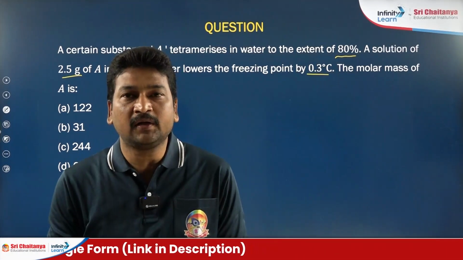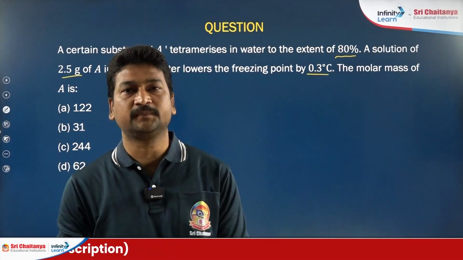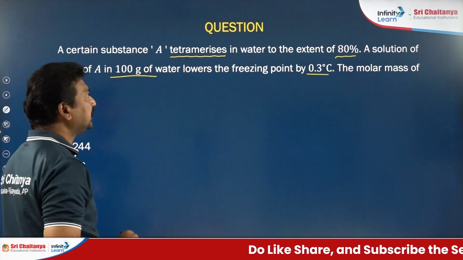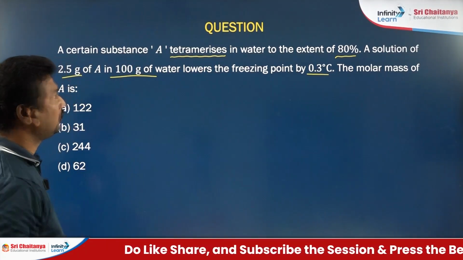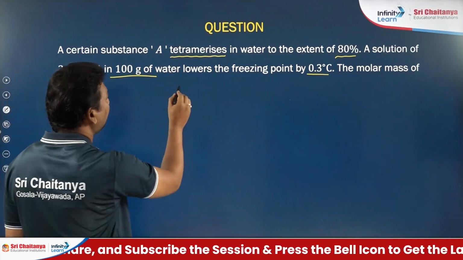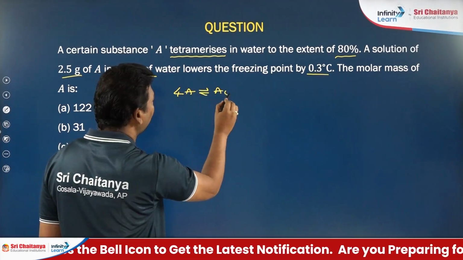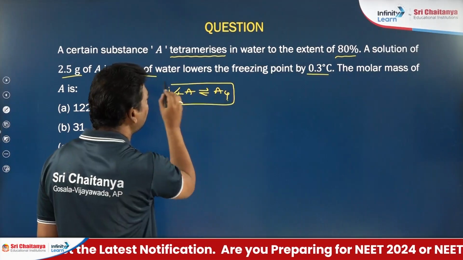You follow, tetramerizes in the sense a kind of association. 4 molecules of A can undergo tetramerization, giving A4. Like that you can understand.